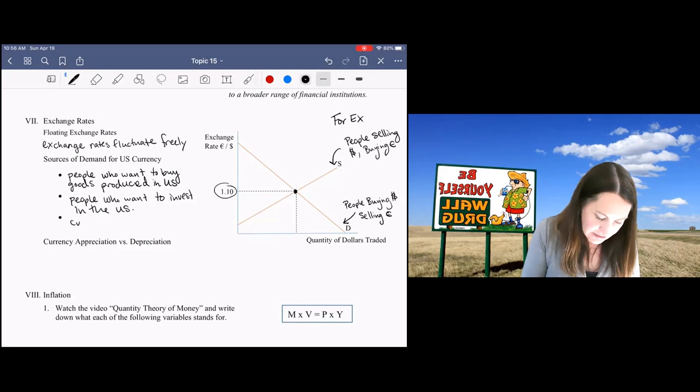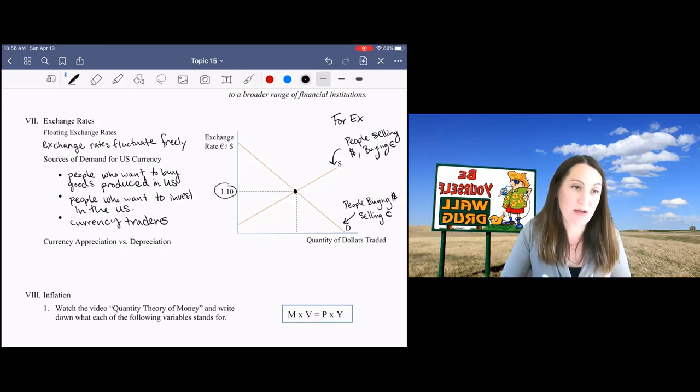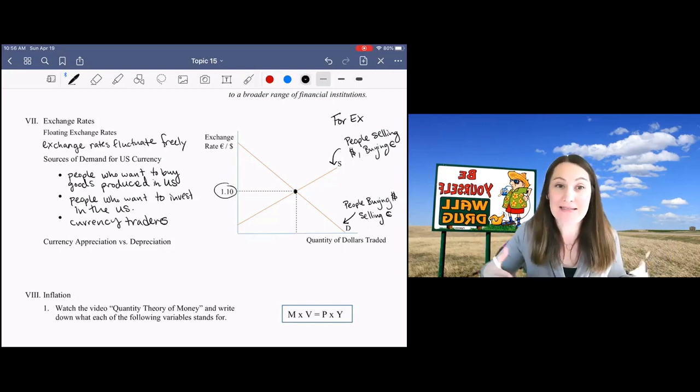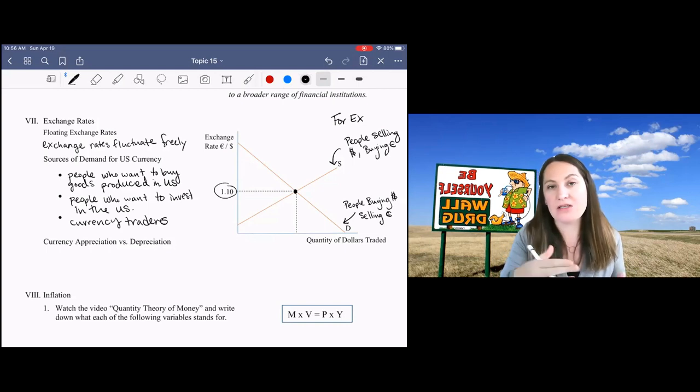And then the third factor here is currency traders who speculate on what exchange rates will be in the future, right? So if you expect the dollar to become more valuable in another month, you might go and buy up dollars now cheaply because you expect dollars to be valuable in the future, at which point you could sell them.